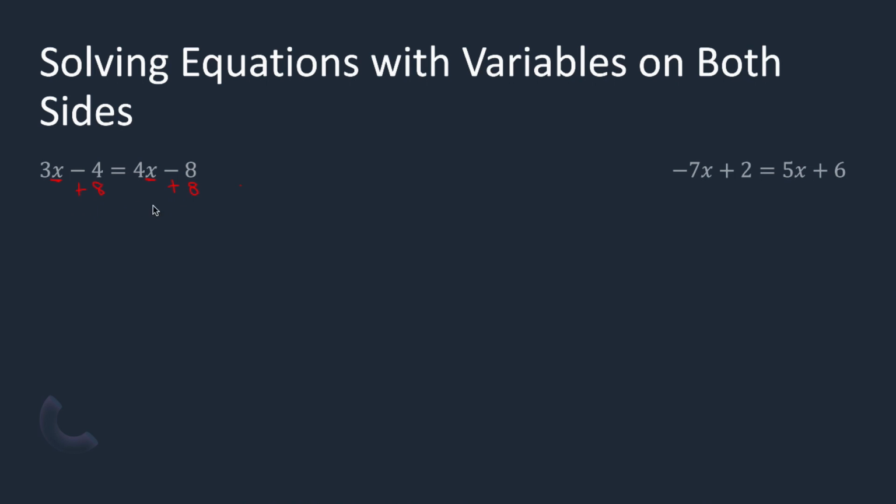And so we can add 8 to both sides, and we end up with 3x plus 4 is equal to 4x. You may be thinking that, yes, now we have this variable on this side and now we can solve it like it's a normal single-step equation. Wrong. You still have this variable here. So we need to get rid of this from this side and move it here. And what we would do is subtract 3x from this side.